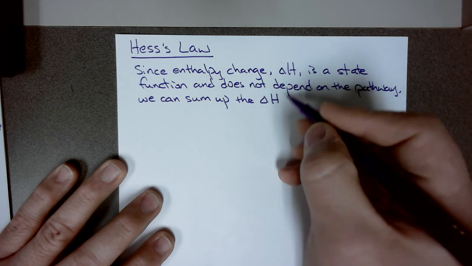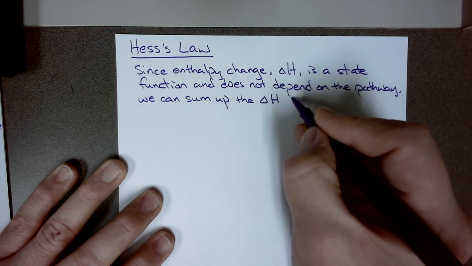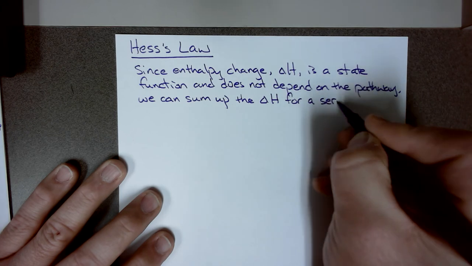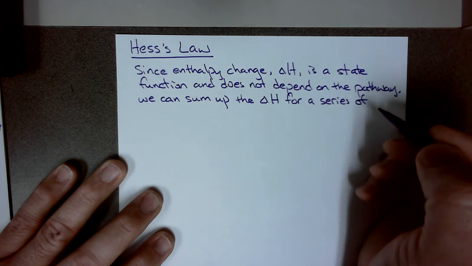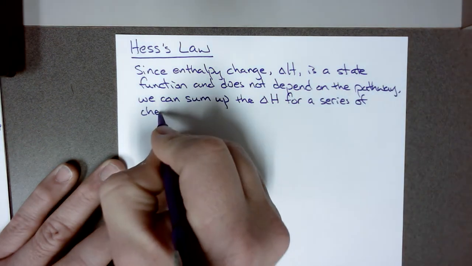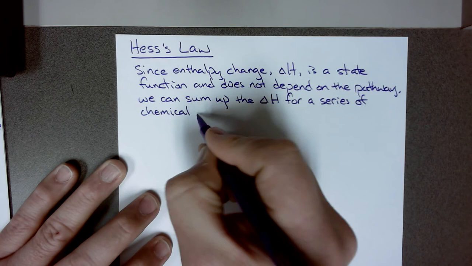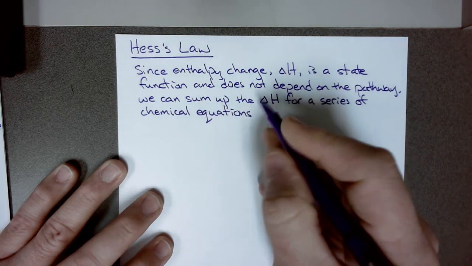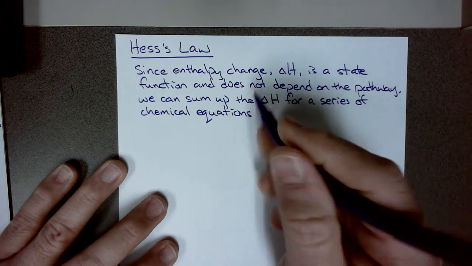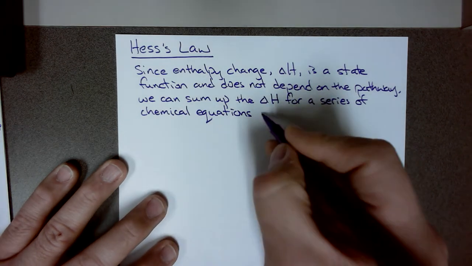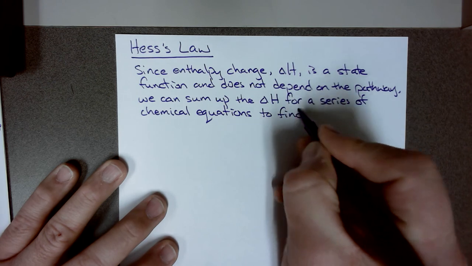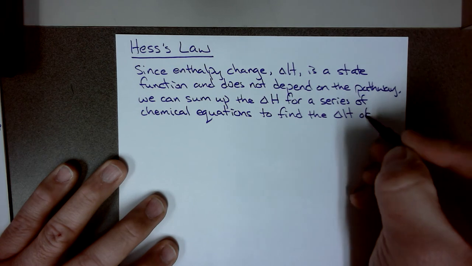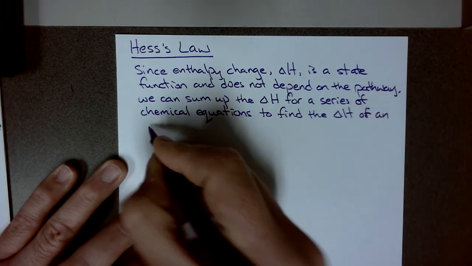So we can sum up the delta H, or enthalpy change, for a series of chemical equations to find the enthalpy change of an overall reaction.